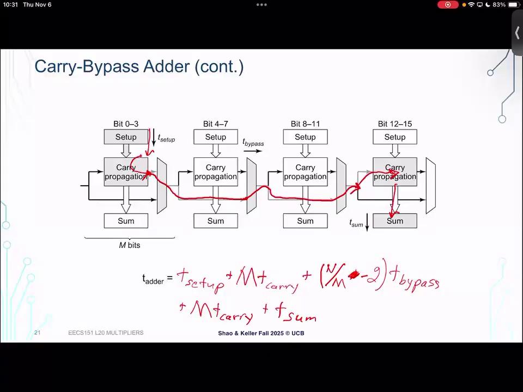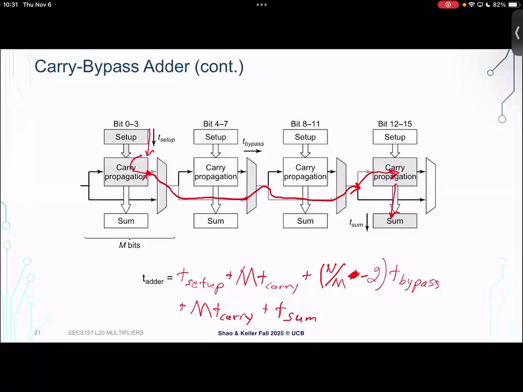It's now N over M, right? So because we're calculating these groups of M bits, we're calculating the propagate, generate, kill signals in parallel. We're dividing the propagation time by M, which is a big savings over the ripple carry, as long as you don't worry about all these constants.